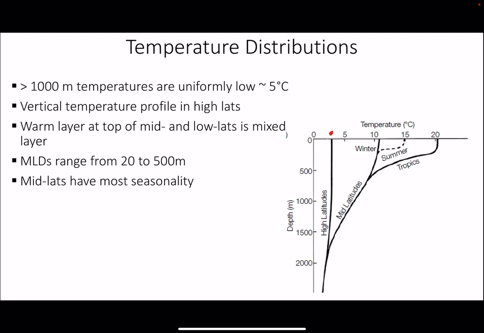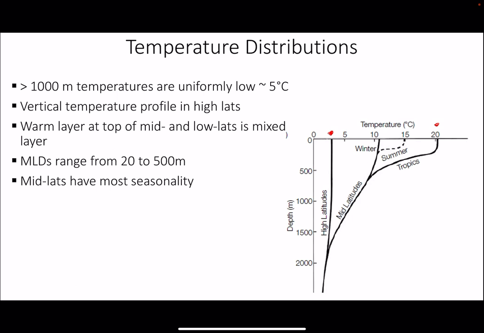And the mid-latitudes, now introducing another sort of layer here, will have some seasonality. So the high latitudes will look like this all the time regardless. And the tropics will basically look like this all the time regardless. Warm at the surface, going down to cold at depth. But the mid-latitudes, this temperature distribution with depth will change seasonally.